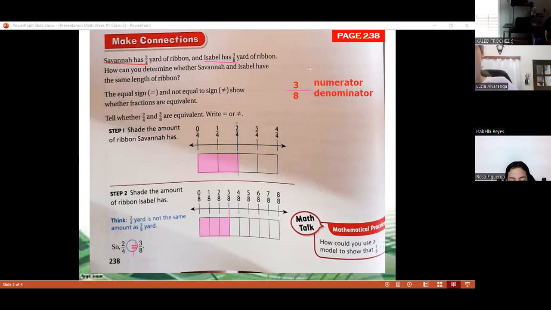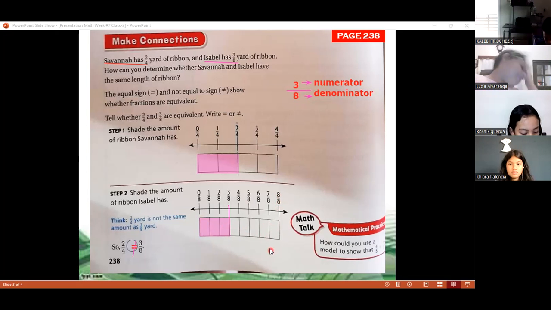So the numerator that is up is going to tell me how many parts I'm going to take. Denominator 8 means that I'm going to divide this rectangle into 8 equal parts. I have 8 equal parts here. The numerator tells me how many parts I'm going to color.